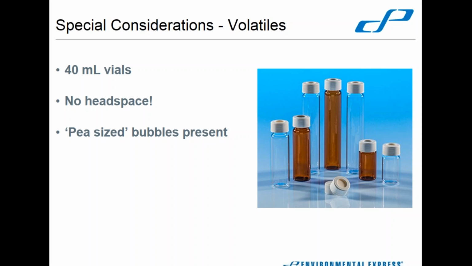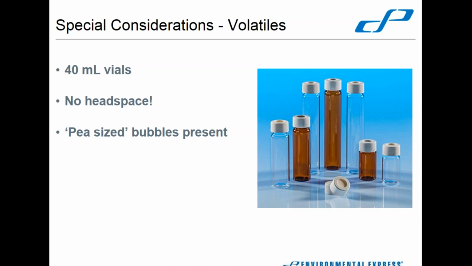So usually the guidance is that you fill the vial completely to the top with the meniscus. That's that little bubble held in over the top of the edge by surface tension, and then you place the cap down on top of that overflowing bottle and screw it down.